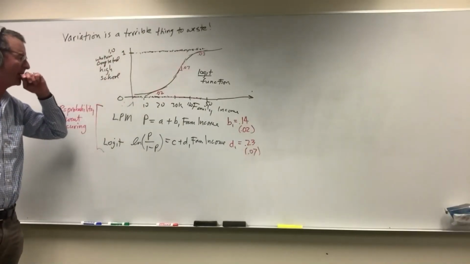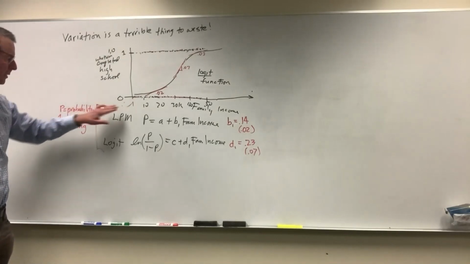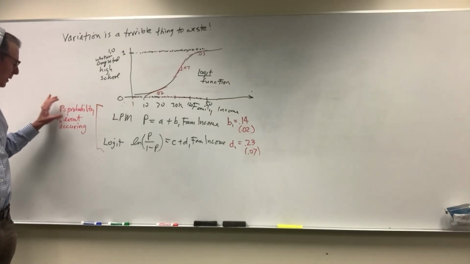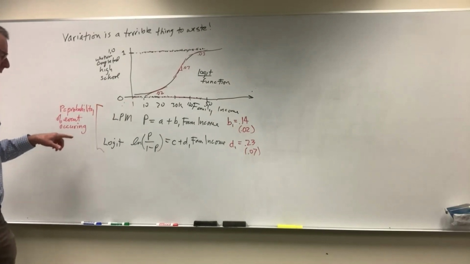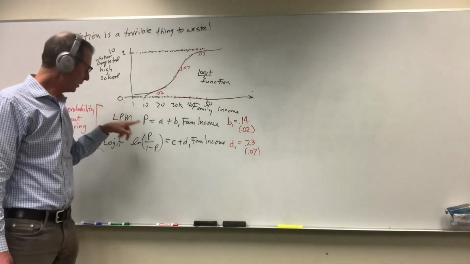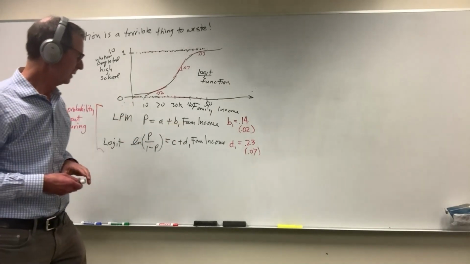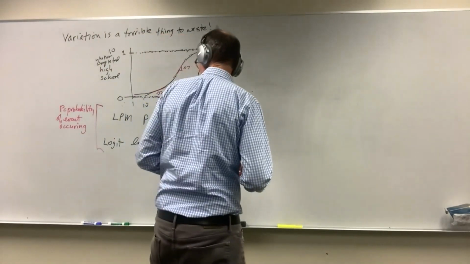So I kept up our chart here. And just to remind you, we're talking about P as a probability of some event occurring. A linear probability model can be thought of as that probability as a linear function of family income.